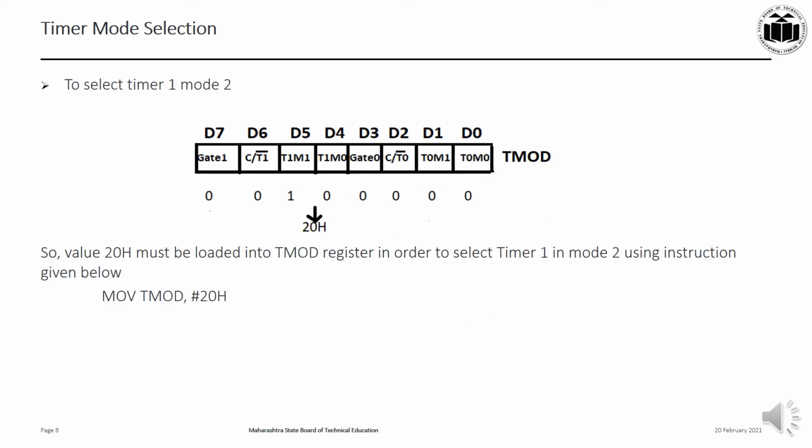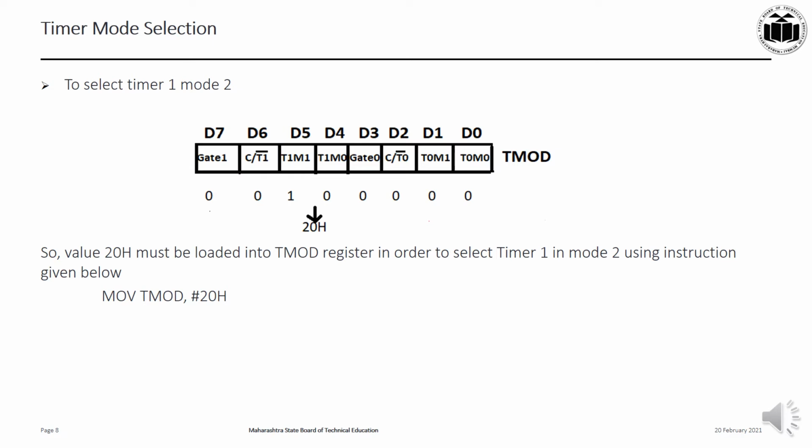Loading the TMOD register with the correct value is very important in order to select the required timer and its operating mode. Let us take one example. If you want to select timer 1 and mode 2, we have to set the bit D5 to 1 and D4 to 0, as T1M1 and T1M0 are the bits used for timer 1.